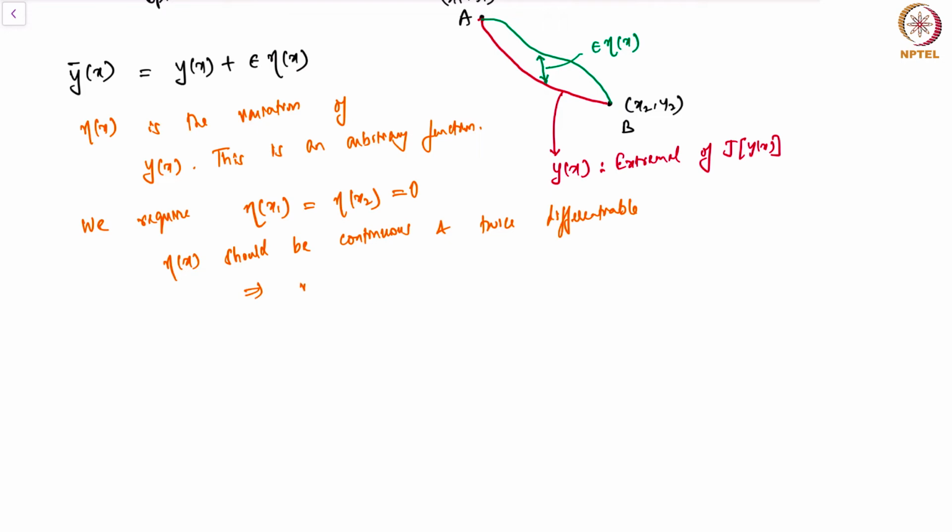That implies eta prime and eta double prime are also continuous.